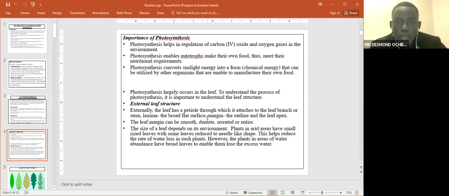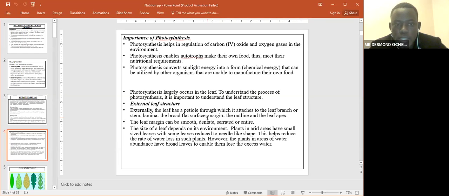Okay? So we think that photosynthesis largely occurs in a leaf. However, we know that there are also other plants which are able to photosynthesize through their stems. But commonly the part of the plant that takes part in photosynthesis is the leaves.